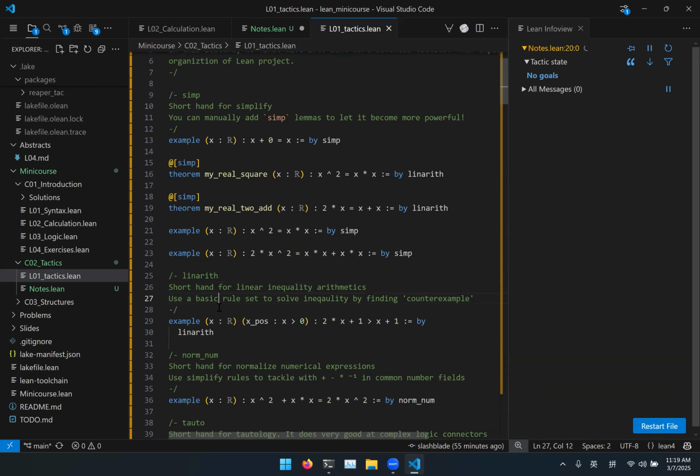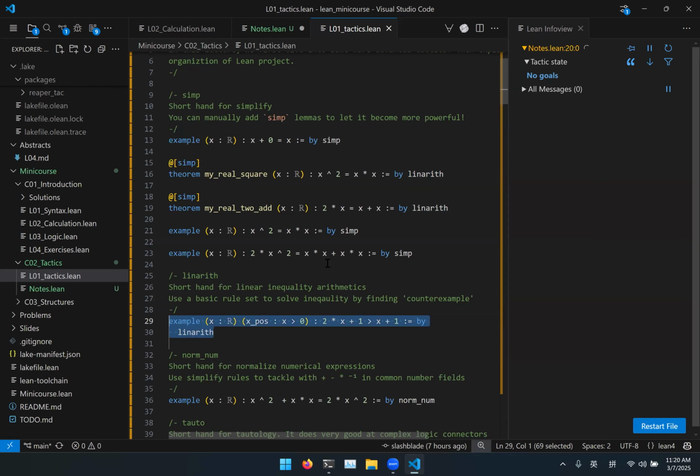It uses a very basic rule set: in the inequality case, it tries to find a counterexample. If, for example, the goal is greater than, and it can find a counterexample in the inverse way, for example less than or equal, then you can use this property to solve the problem.